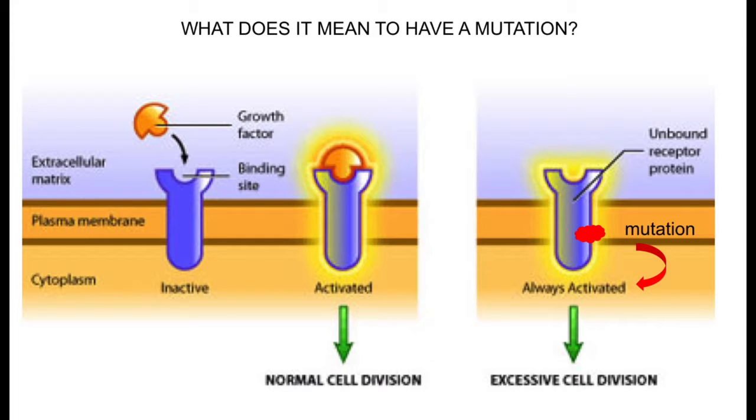So that's the normal way. That actually leads to a process of cell growth and cell division. And now, if you have a mutation on the right panel, you can see the little red mutation that's indicated there. So what the mutation does is it actually turns on that process of ping-ponging within the cell, and you don't actually need the growth factor to bind.